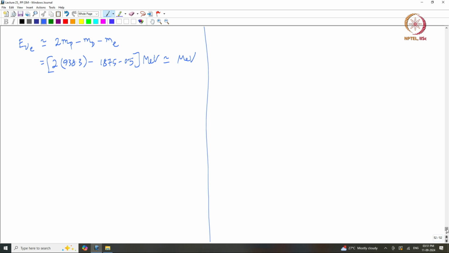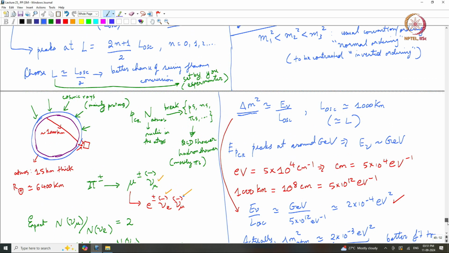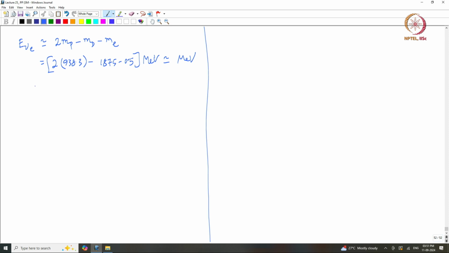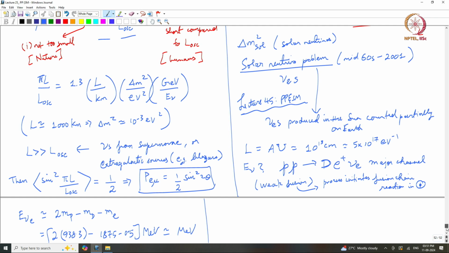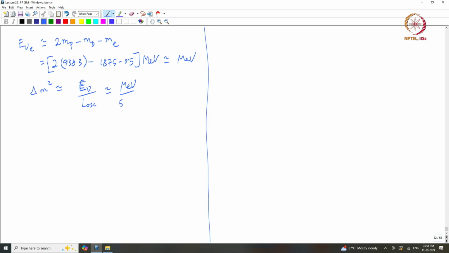Then I am going to go back here and ask whether I am going to get the correct delta m squared. So, now the delta m squared is again E nu over the oscillation length, which is what, MeV over 5 times 10 power 17 inverse electron volt.